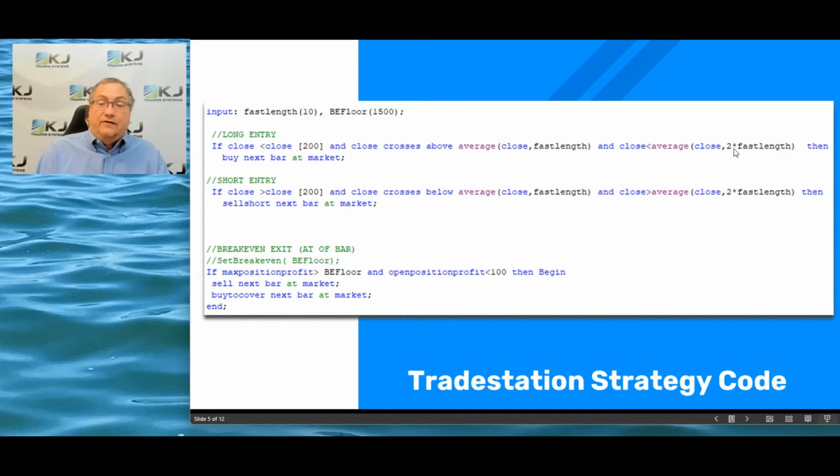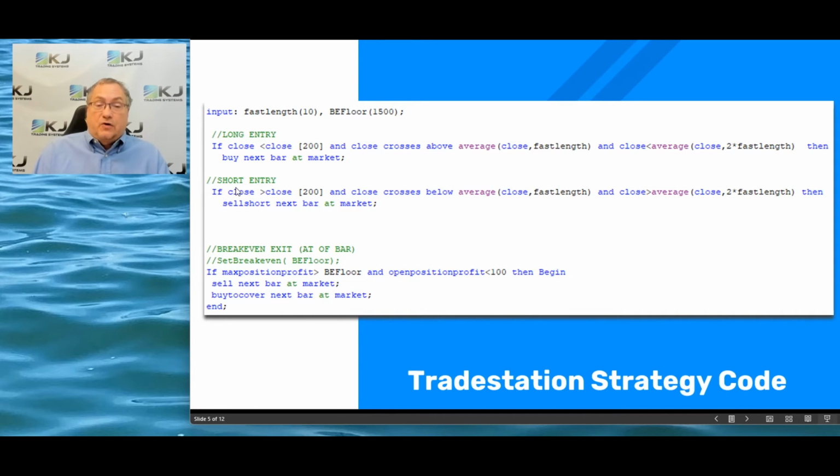In this case, I'm multiplying the fast length by 2. So if the fast length was a period of 10, then the slower length here would be 20. Okay? And if all three of those things happen, you buy the next bar at market. That also means if you're in a short trade, you exit any short trade first and then go long.